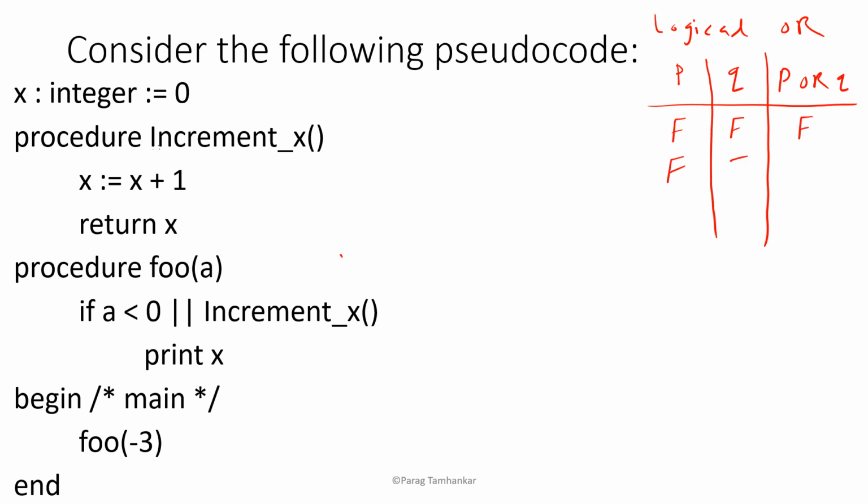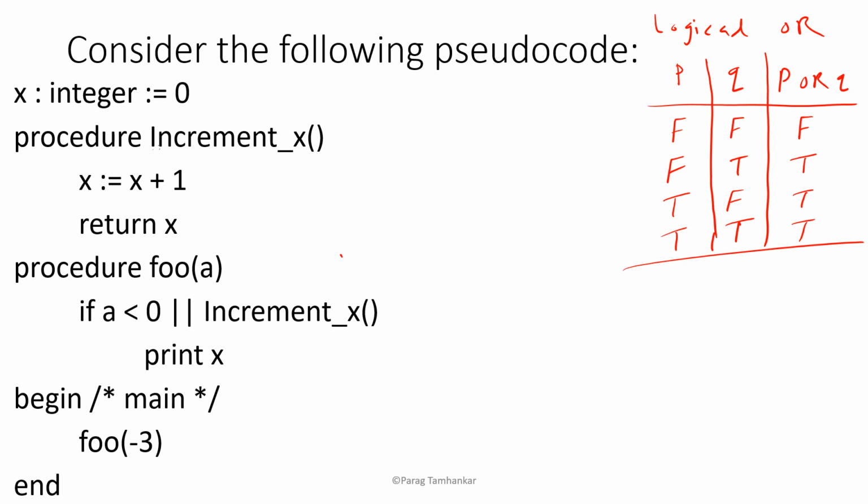If one of the inputs is true, the result is true. And if both inputs are true, still the result is true. So this is our truth table. So we want any one of the inputs to be true.